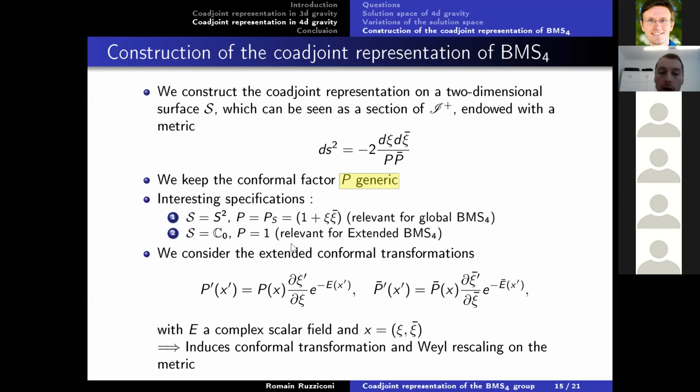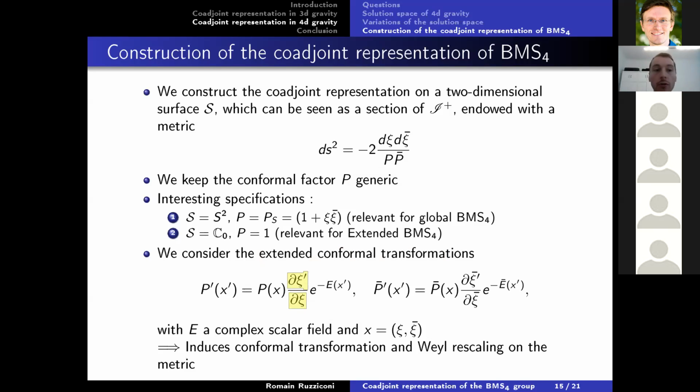Now I will consider the following transformation on the conformal factor of the metric, which are called extended conformal transformations. These transformations are composed of 2 types of transformations.